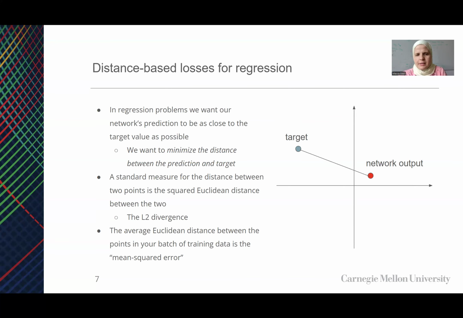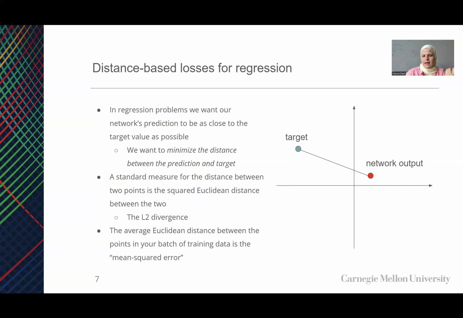The first loss is the distance-based loss for regression. As you can see here, this is the network output and this is the target. In a regression model, you want your network's prediction to be as close to the target value as possible. So we need to minimize the distance between the prediction and the target.